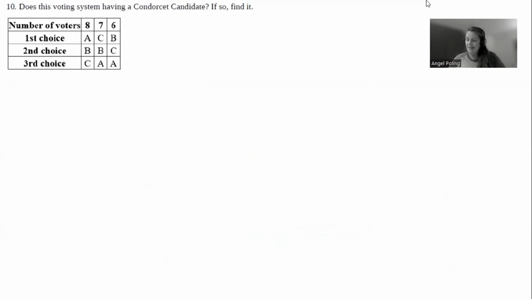All right, so in the Condorcet candidate problems, we're trying to compare each candidate to the others.